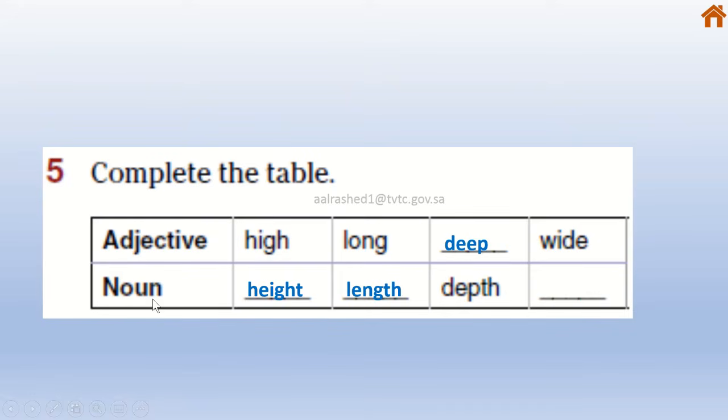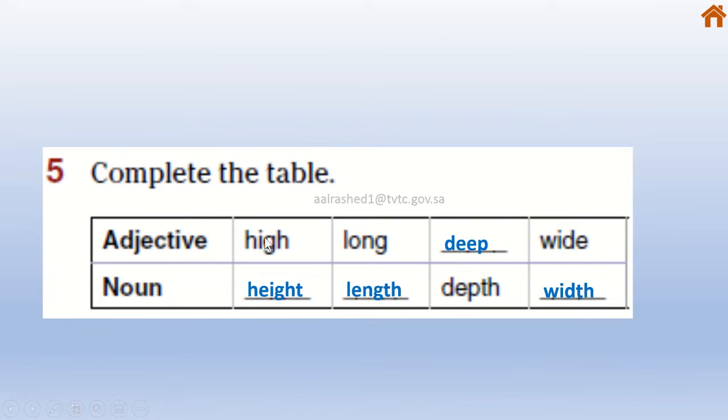Now the other part is the noun. The dimension words have a second form, which is that they can become nouns themselves. The length, for example. The width. Depth, width. You need to memorize them. You need to memorize and identify the adjective and the noun of the dimensions.